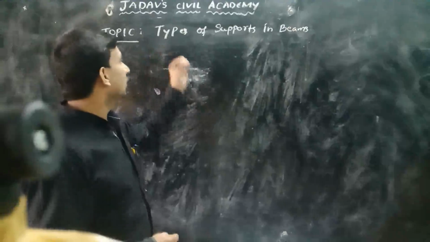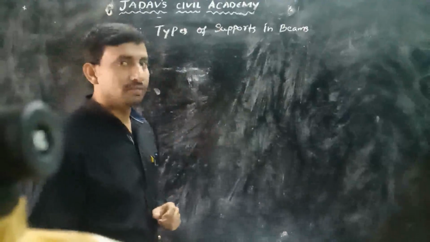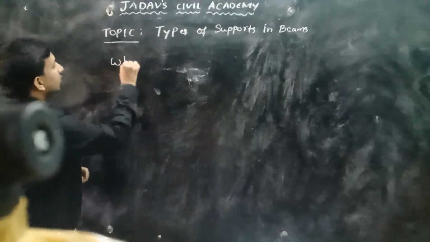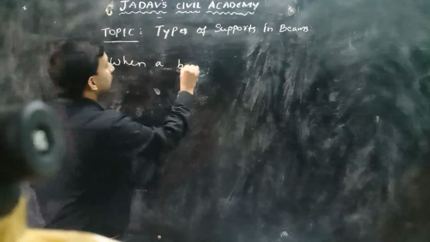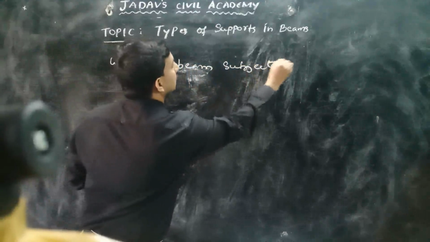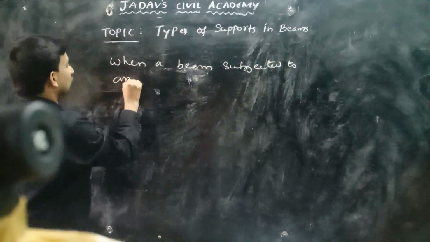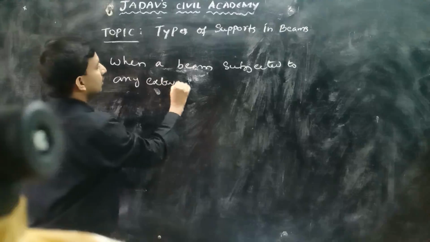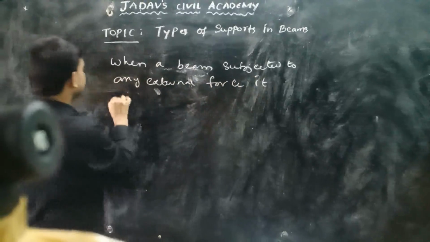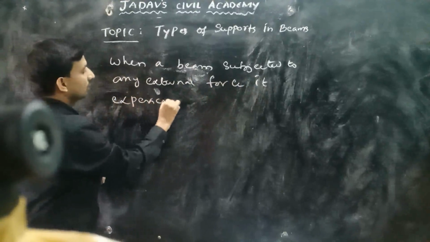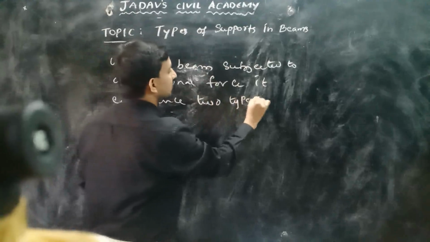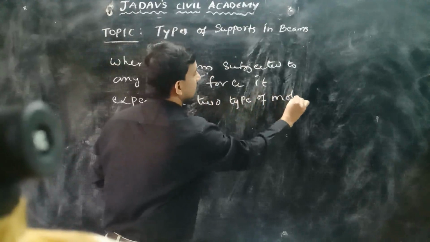Before going to the actual topic, that is type of supports in beam, let me discuss a small point. When a beam is subjected to any external force, it experiences two types of motions.